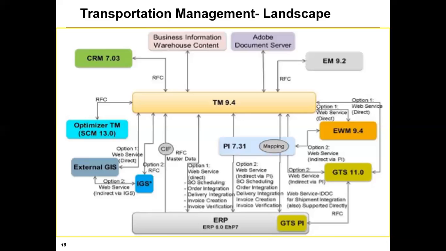We can track and trace the status change of this particular document in TM or ERP side. Also, we can track the deletion of the documents or canceling the documents or maybe reversing the documents, or reverse canceling the delivery. Then we can also track the creation of new documents.